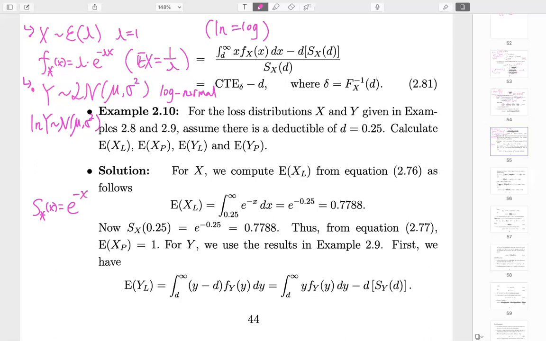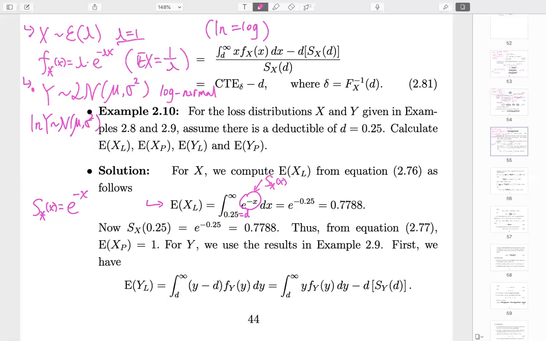In this case, it is negative x because lambda is taken to be 1. So that's why we have this formula. The expectation starts from d, 0.25 is the deductible. So from d to infinity of the survival function, the integrand is the survival of your x.